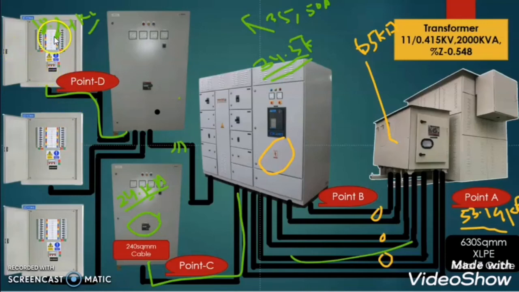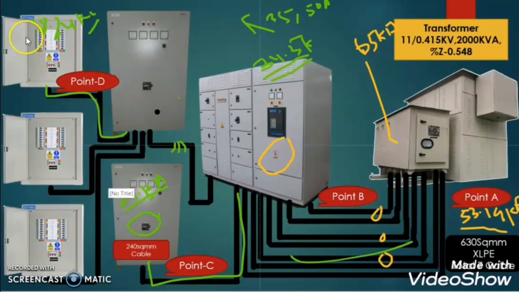Then the prospective fault current for this final distribution board may be different. It means that the maximum prospective short circuit fault current depends on the distance between panel to panel and the cable size which is connecting these panels. Hope you clearly understood the concept of prospective short circuit fault current.